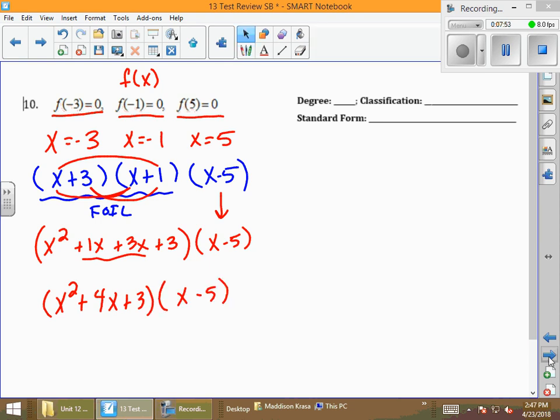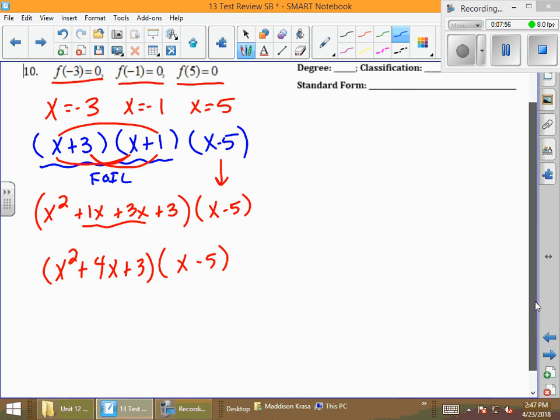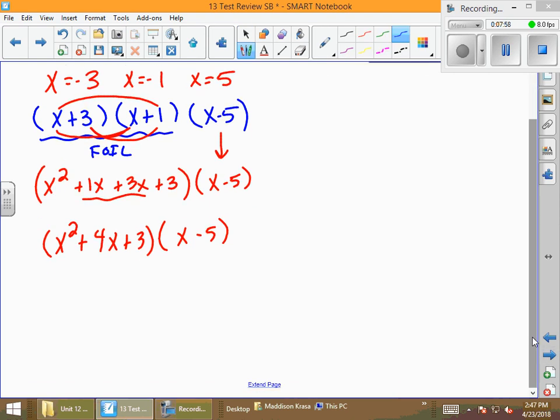Now remember, we're building a polynomial. Our goal is to get to standard form, because right up here, this is our factored form. So now we're going to distribute our x minus 5. I'm going to take x and distribute it to the 3 terms over here.